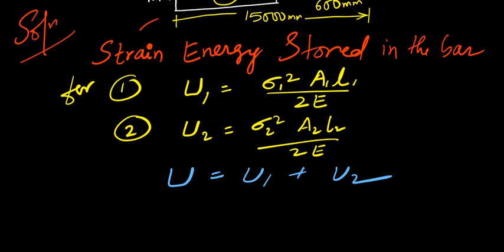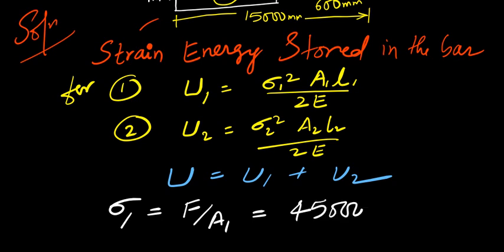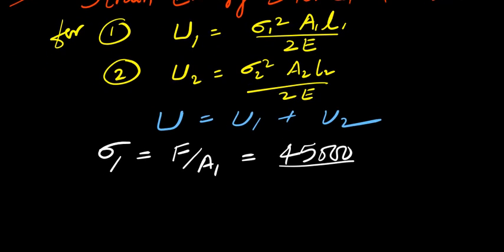We will calculate U1, where U1 is sigma square A L by 2E. To calculate this, you first have to calculate sigma, the stress in element 1. That is force per unit area A1. The total force applied is 45,000 Newton, divided by the area of element 1.